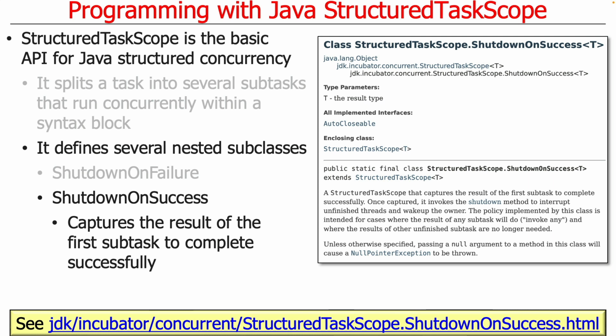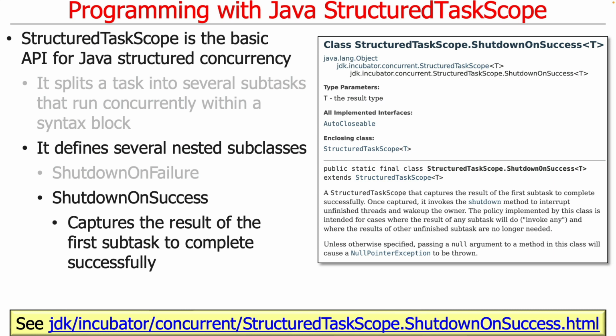The second model, which is kind of a variant of this, is called ShutdownOnSuccess. And what this says is, send a bunch of things off, and this is what's called the invoke any model. Whichever one successfully completes first, take its result and cancel everybody else. So those are the two models. And these are very, very common models when you're dealing with concurrent processing.